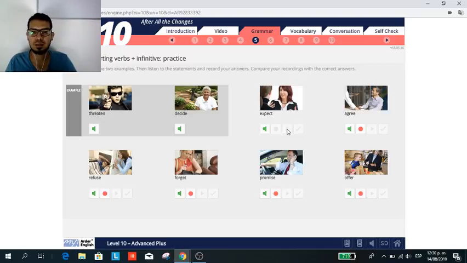Then you can record your reported sentence and check. Let's see what's correct. She expected to get a pay rise. What did I say? I'm wrong. I said she is expected, and the correct one is she expected.